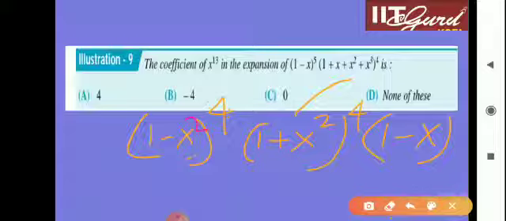So finally what we get: 1 minus x square to the whole power 4, 1 plus x square to the whole power 4, 1 minus x is 1 minus x.